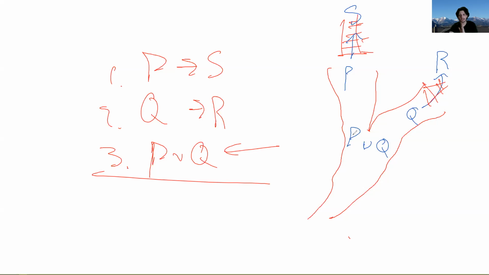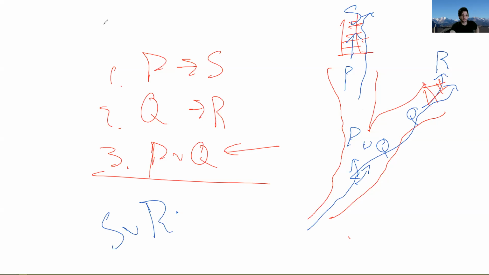So the idea here is if you're driving down the road and you either need to go left or go right, and going left will eventually lead you to S, and going right will eventually lead you to R, then at the end of the day, you know you either have to have S or you have to have R. So here we have this disjunction that says one of two things is going to happen.